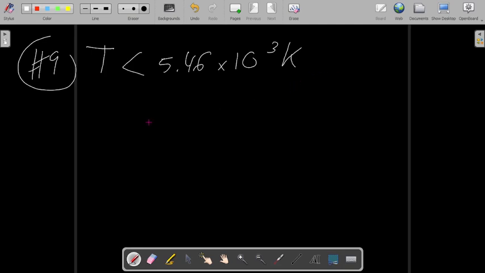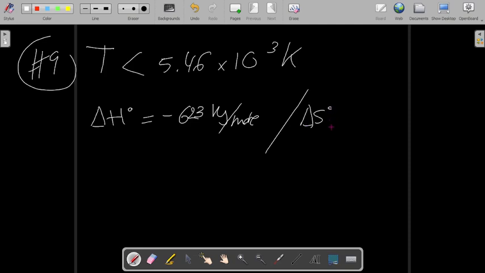Okay? So let's see. The problem reads as follows. If the change of enthalpy at standard conditions of a reaction is minus 623 kilojoules per mole, and the change of the entropy equals minus 114 joules per mole per Kelvin, what is the temperature range for which the reaction is spontaneous?